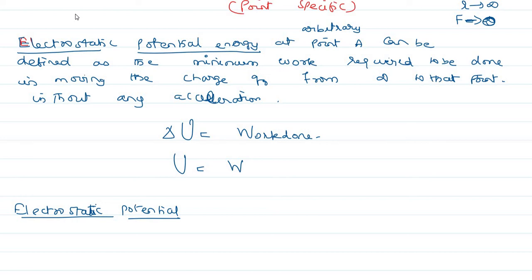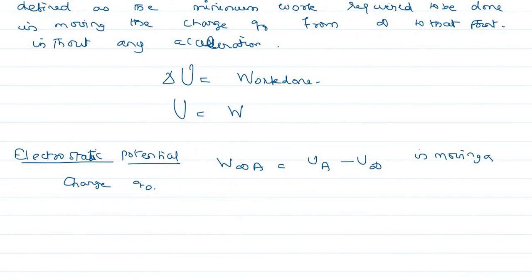So this electrostatic potential energy, what we have seen, is the minimum work required to be done in bringing a charge from infinity to the point A, that is W infinity A, that much. This is in moving or bringing a charge Q naught. So that time we talk about it as what? Total work done, that is electrostatic potential energy.